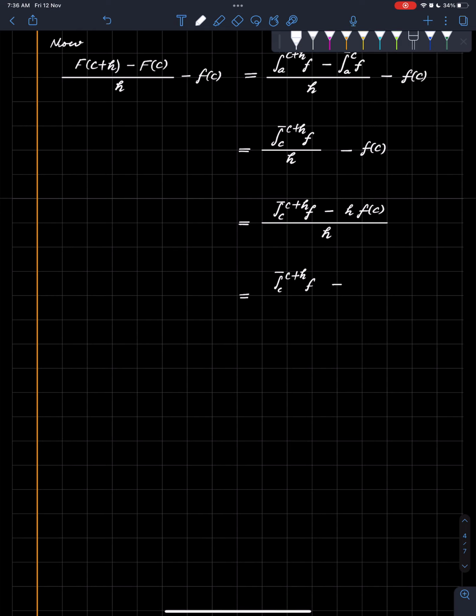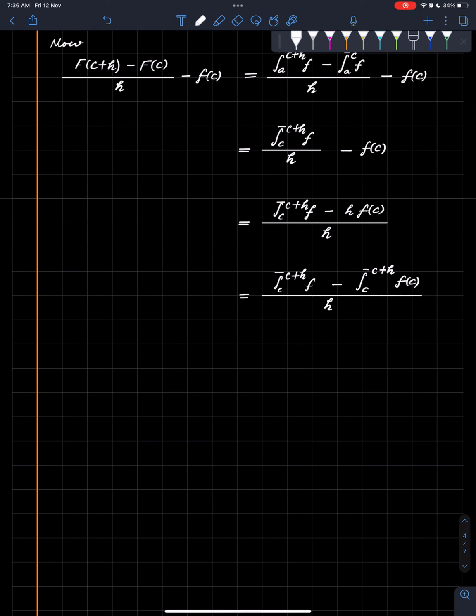So h times f of c we will write as this integral, this upper integral in fact. So f of c is a constant, f of c is just a number, so you can think of this as the constant function which we are integrating from c to c plus h, or rather taking the upper integral of it. And that is nothing but that. So we just played that much of an algebra, or whatever you want to call it.